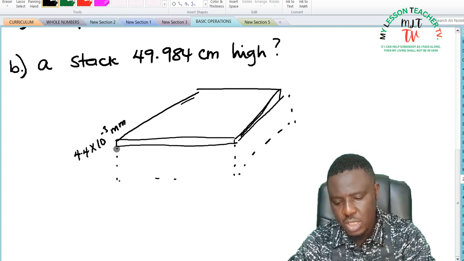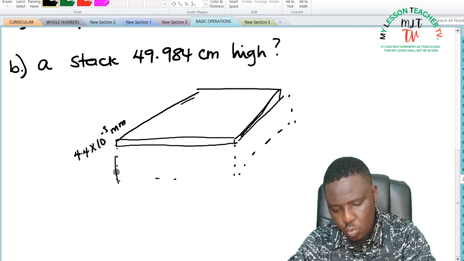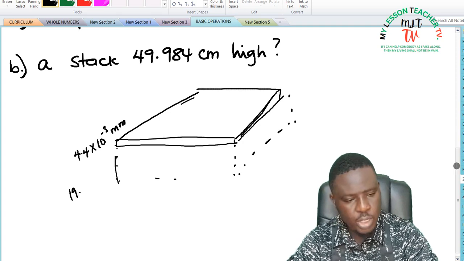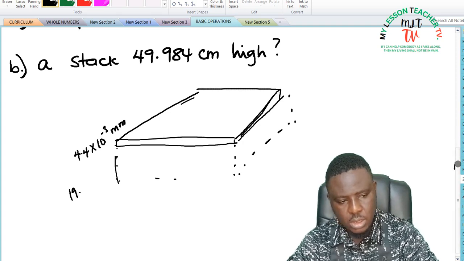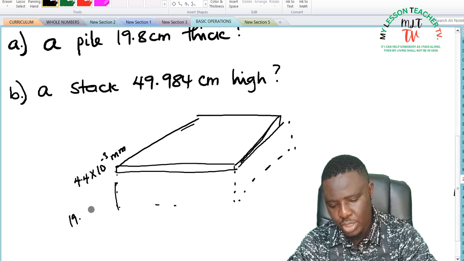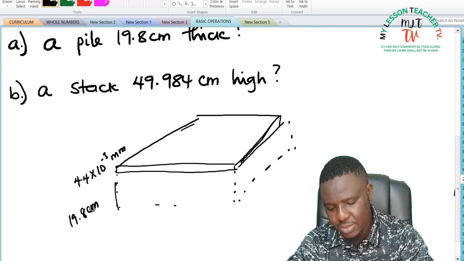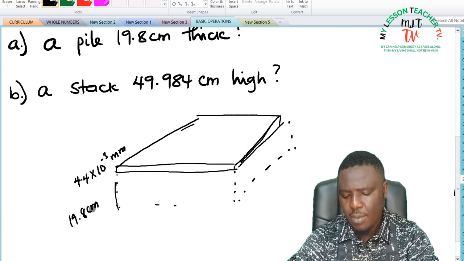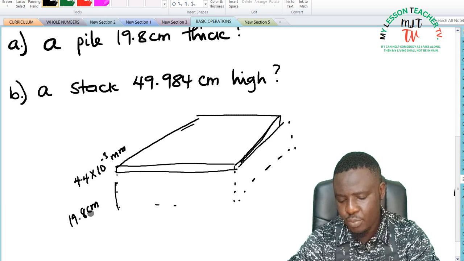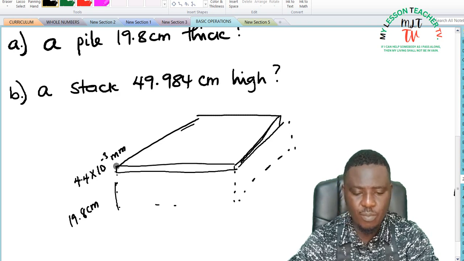now they're asking us how many of this quantity will make it up to 19 point, the question says 19.8 centimeter. So what I'm going to do is to divide 19.8 centimeter by 4.4 times 10 raised to the power of minus 3.